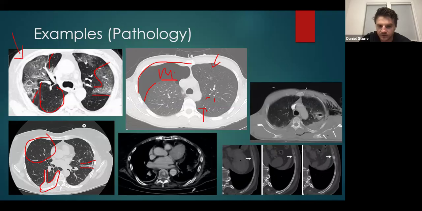Really quickly, this is what a broken rib looks like on a CT scan. You can tell that in all of these, this CT, this CT, these are all windowed for lungs. This study here is windowed for bone, which is why you're seeing the bone a little bit better.